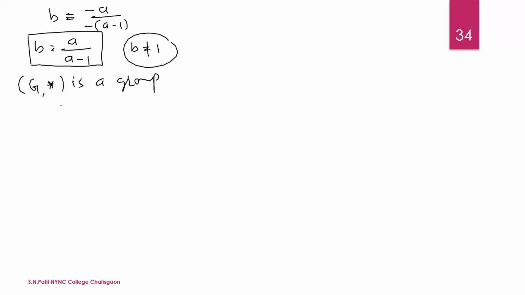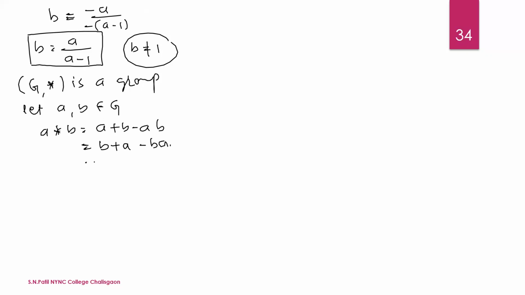Now next is abelian. Let a, b belong to G. a star b is equal to a plus b minus ab. Now it can be written as b plus a also, since addition is commutative, minus ba, since multiplication is commutative, a into b is the same as b into a.